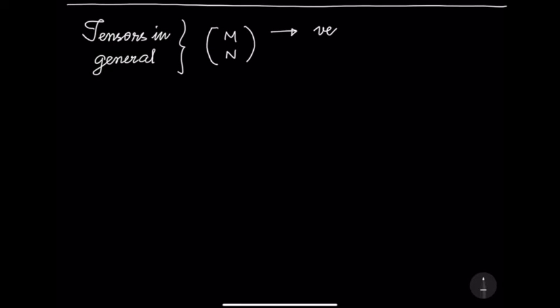So let's say tensors in general. We write them as (m, n) tensors: they take m one forms and n vectors as input, and the output is a scalar.